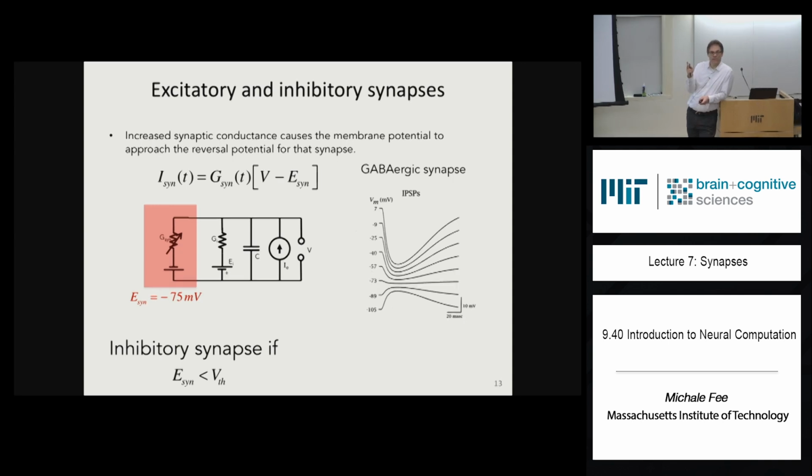What are they? Anybody know? Ion selective permeability. So the reversal depends on what ion that channel is selective for and the concentrations of that ion inside and outside the cell.